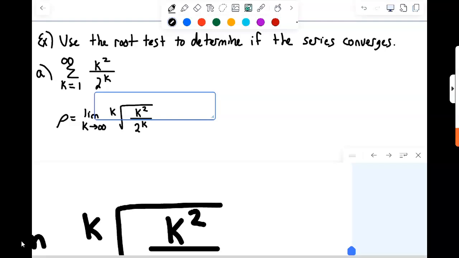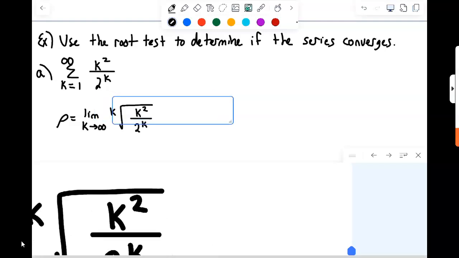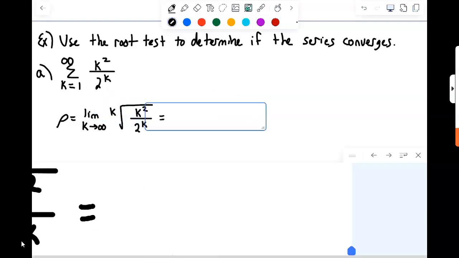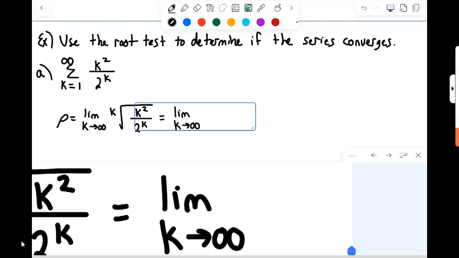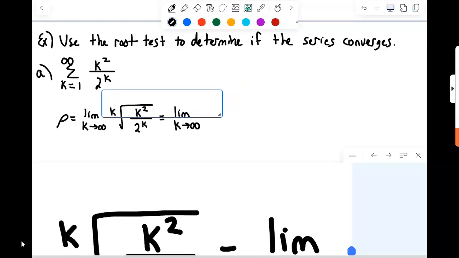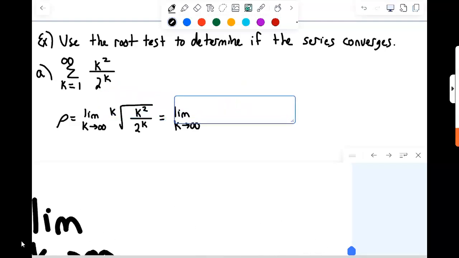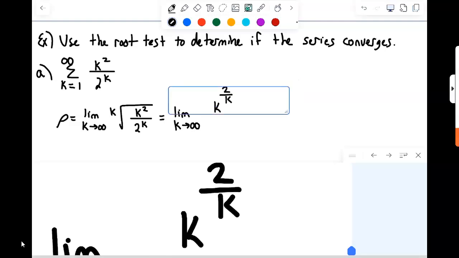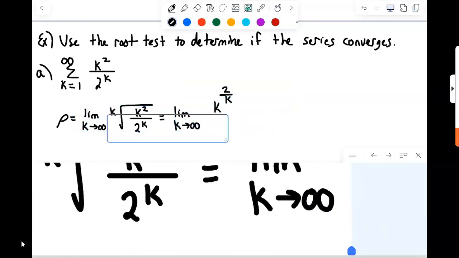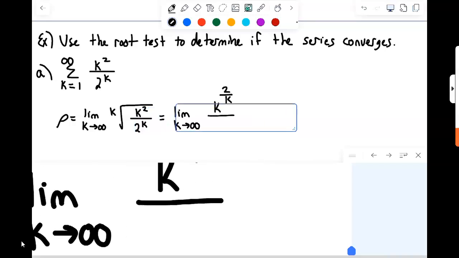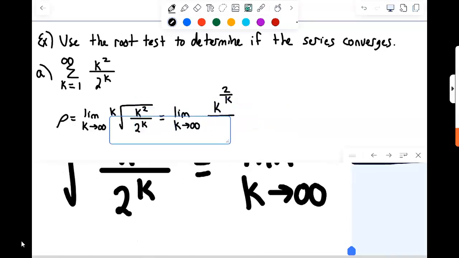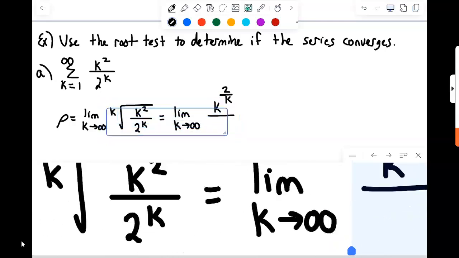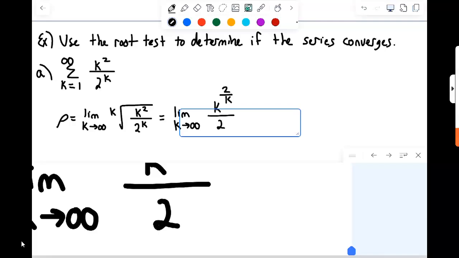So on top, this would be the limit as k goes to infinity of k squared raised to the 1 over k power, which simplifies to k to the 2 over k power. In the bottom, the kth root of 2 to the k. This is why we often like the root test when we're dealing with powers of k. The kth root of 2 to the k is just going to be 2.